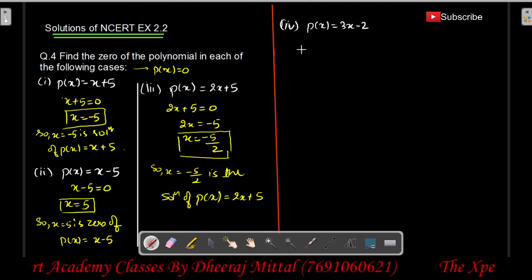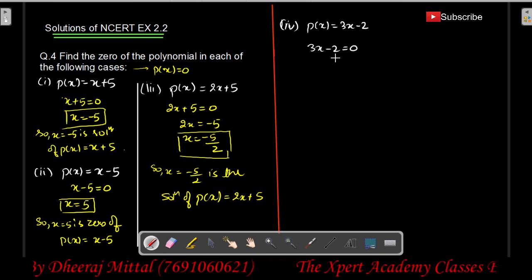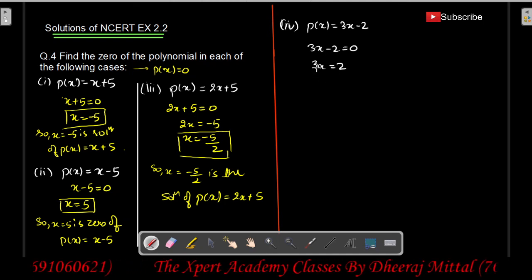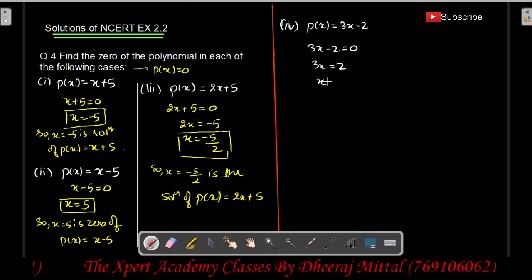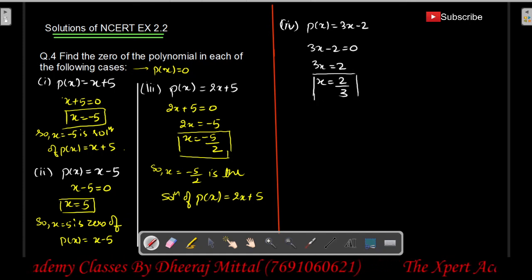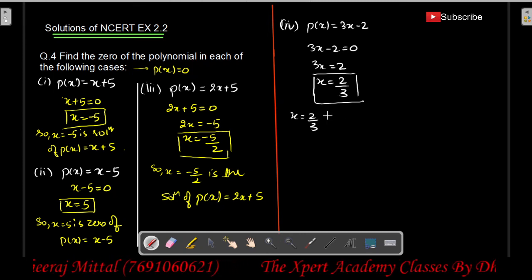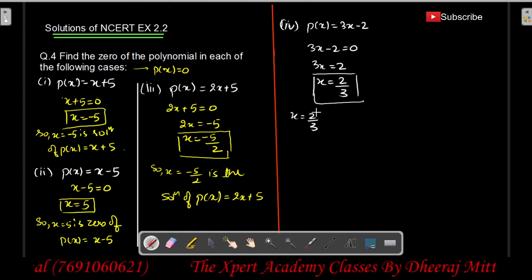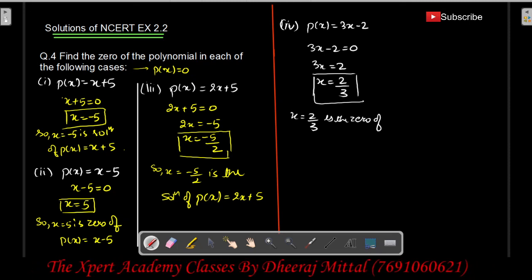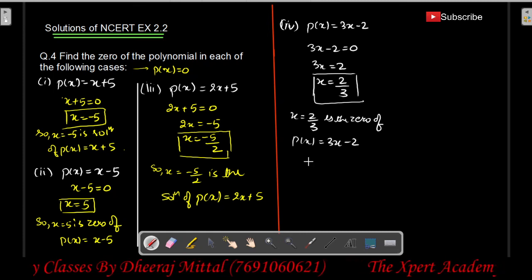So we will put 3x minus 2 is equal to 0. So minus 2 goes to the other side and becomes plus 2. Very good. And 3 is in multiply, so it comes to the other side and becomes divide, that is 2 divided by 3. So x is equal to 2 divided by 3 is the 0 of p(x) is equal to 3x minus 2.